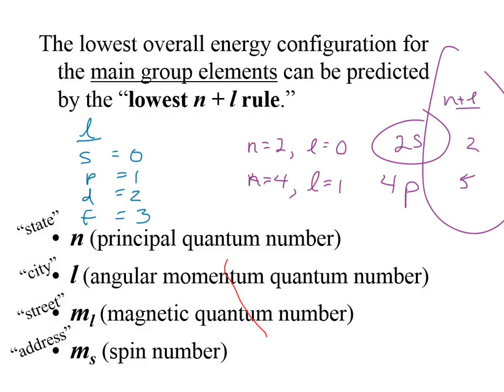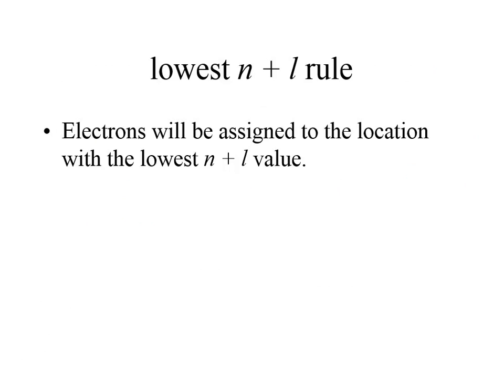And what we're going to see is that electrons find homes in the lowest possible energy subshell. So electrons find homes in the lowest n plus l subshell that's possible.